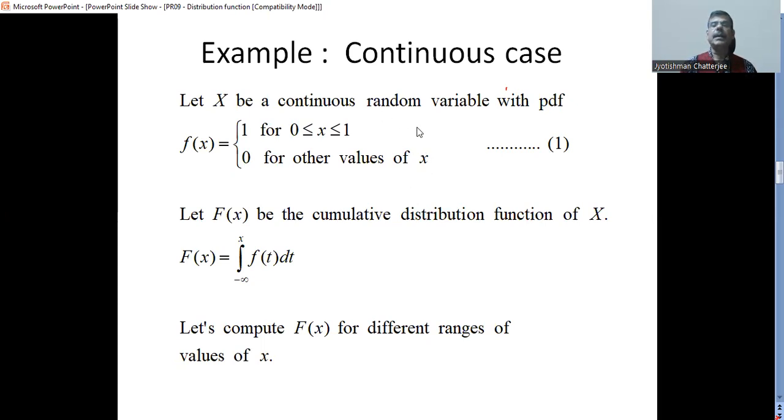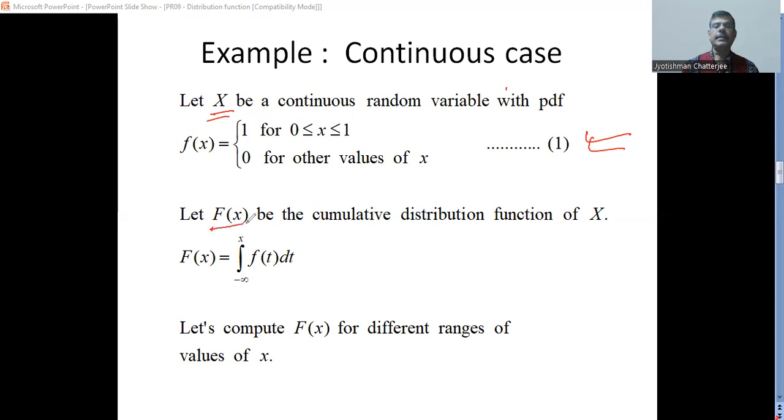Now let us take an example of the continuous case. Suppose capital X is a continuous random variable and its PDF is given by this formula. Small f of x is equal to 1 in the range from 0 to 1 and 0 otherwise.